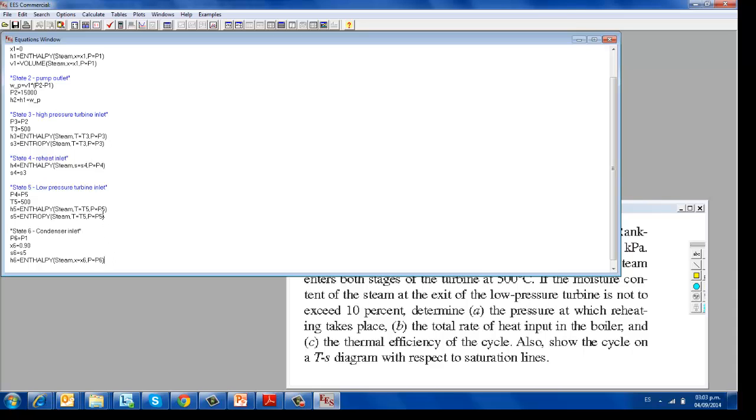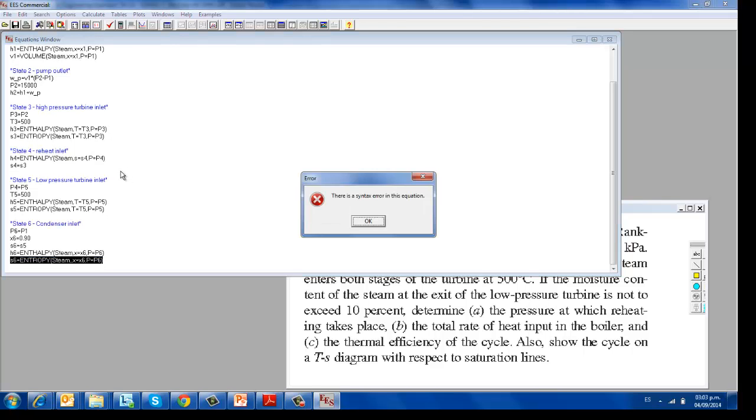The same is for the entropy. We copy this. You see, what we are doing here is exactly what we did in the problem. We're computing this enthalpy, making this equal, and then the program will go backwards to get which pressure 5 makes this statement true.